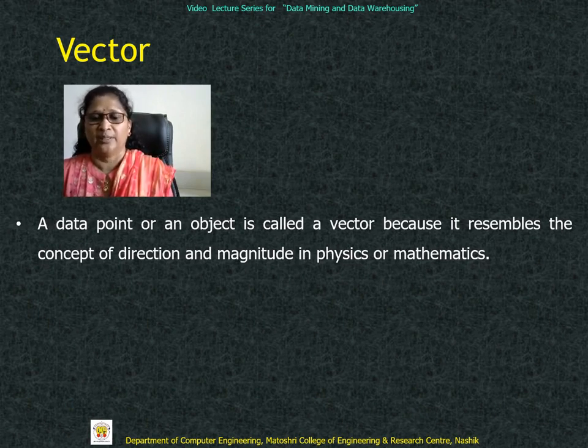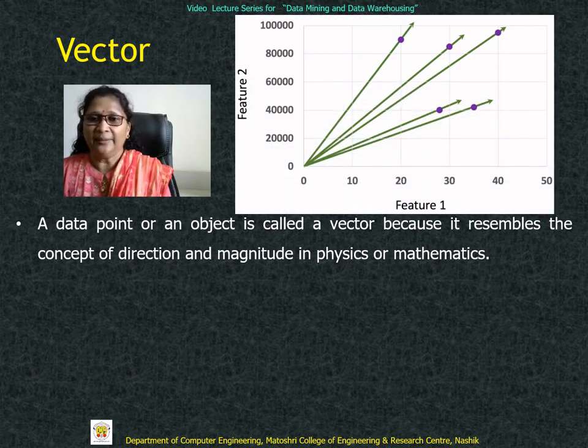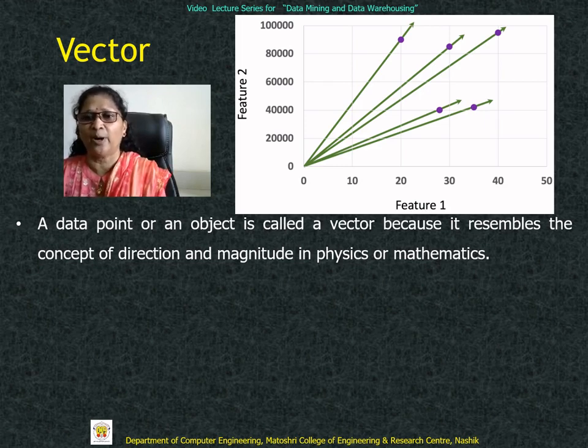Also, a data point or an object is called a vector because it resembles the concept of direction and magnitude in physics or mathematics. Let's see how. Look at this diagram. We are using two features. One could be, let's say, height, and the other weight. Or feature 1 could be the experience of a person, and feature 2 could be salary in thousands. If we plot data points, the purple-colored ones are the points.